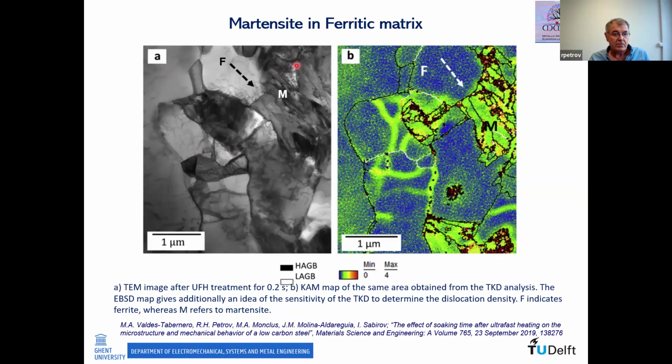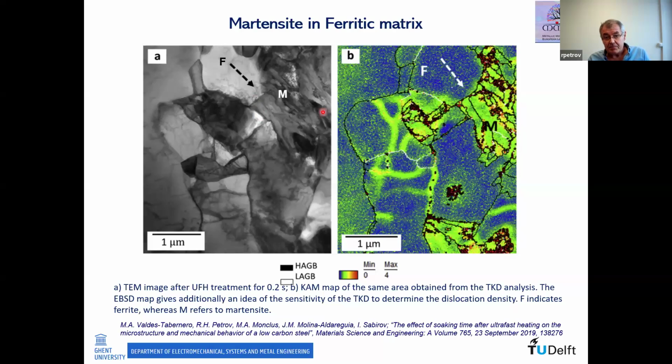What you see here is a TEM bright field image of an as-quenched sample, in which you have martensite and ferrite. You can see clearly the dislocations here, a dislocation network here. This map is a kernel average misorientation map from 0 to 4 degrees, calculated, as far as you can remember, to the fifth nearest neighbor.